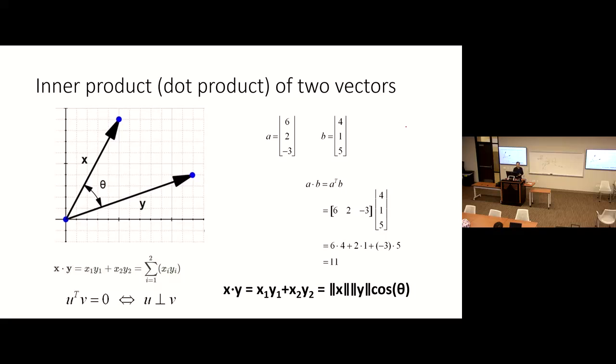Come to here, the dot product. It depends on how you write this. The dot product, for example, in this 3D example. If I use the column vector, then you should transpose this first.